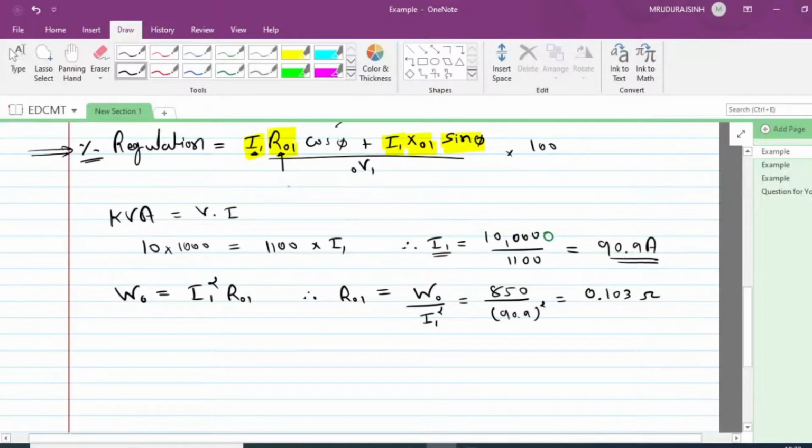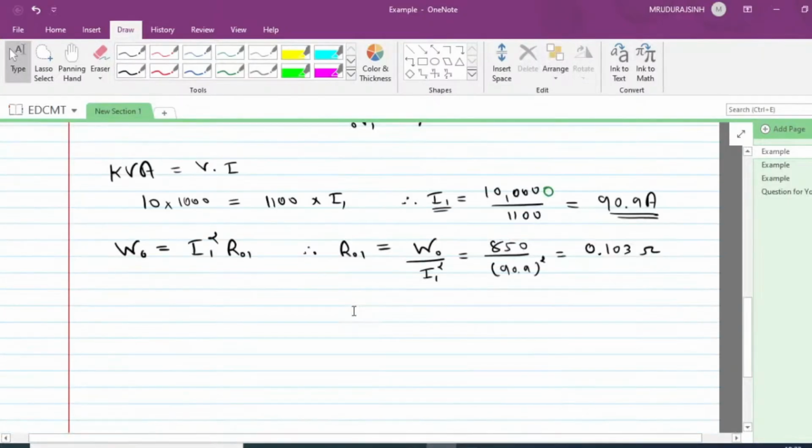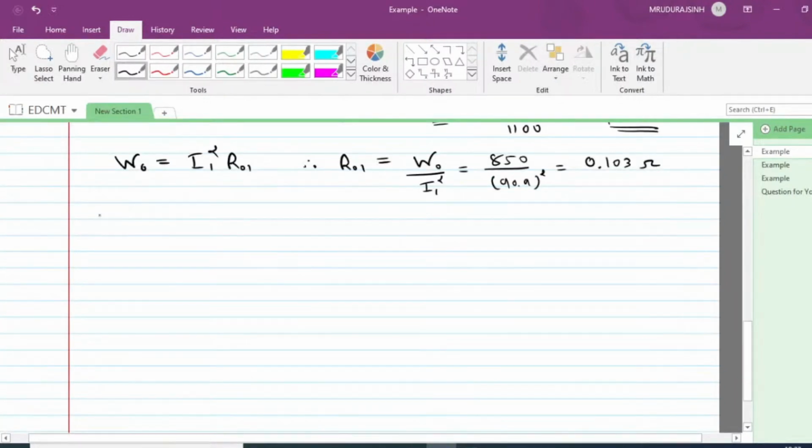So now R01 is known to us, and now we'll go for the X01. Do you remember this equation? Z is equal to under root R square plus X square.